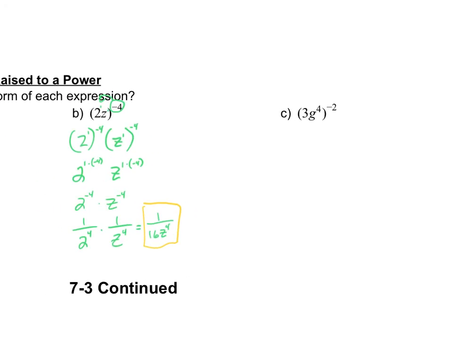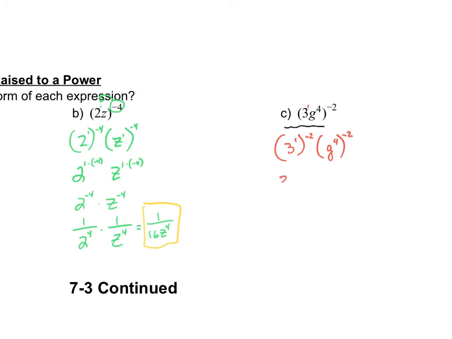And let's see here again, looking at this next example, C, we have 3g to the fourth, all raised to the power of -2. So remember that is 3 to the first. So we would have 3 to the first raised to the -2 times g to the fourth raised to the -2.